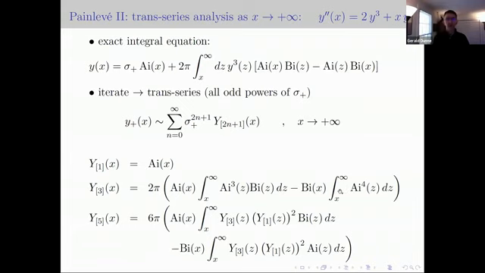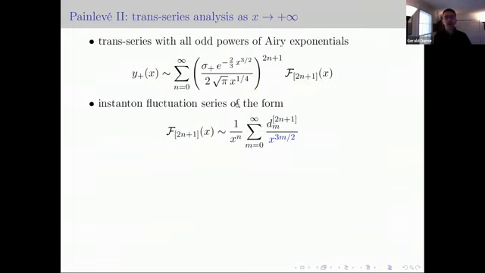You can continue this through, and you see that the odd powers of sigma are multiplied by some function, which is, say, the odd power of the standard Airy exponential factor multiplied by some other junk, which we can easily generate because we know the expansions of all these integrands here. So there's a very systematic, straightforward way to generate this trans-series as x goes to plus infinity.